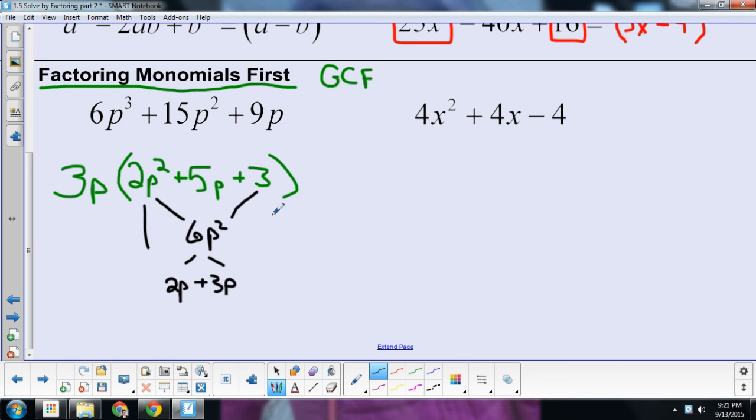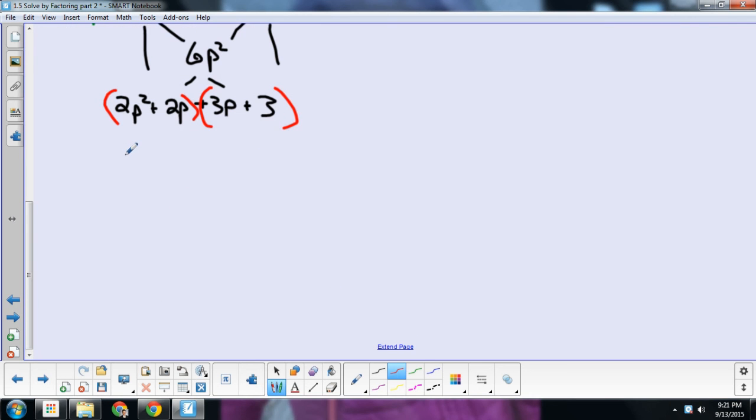Bring down the outside terms. We got a 2p squared plus 2p. And we got a 3p plus a 3. 4 terms means I can group. First pair, second pair. The greatest common factor of the first pair is going to be 2p. Out it comes. Leaves me with p plus 1. The greatest common factor of the second pair is going to be 3, positive at that.